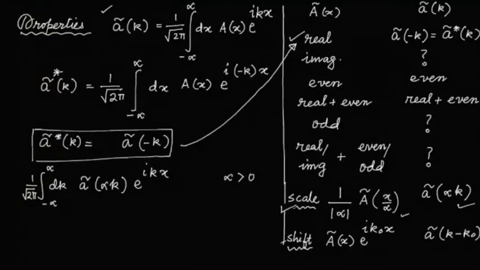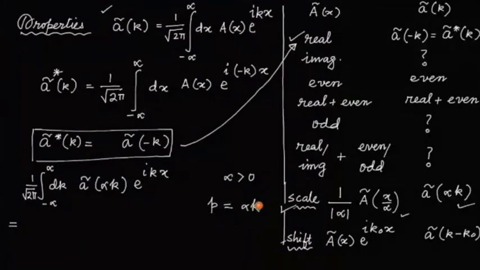So what do I do? What I do is a change of variable. I go from k to something called, say, p, which is alpha k.